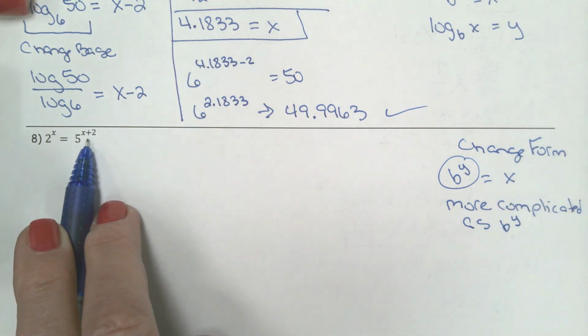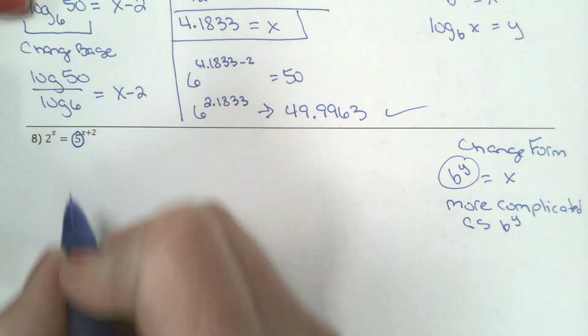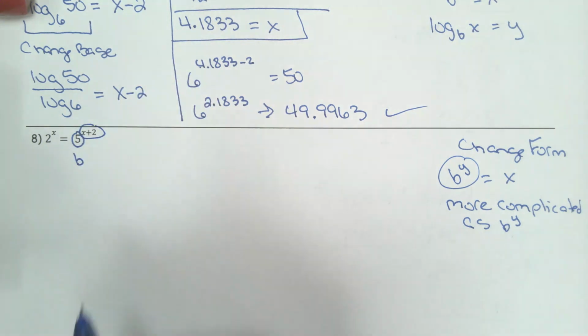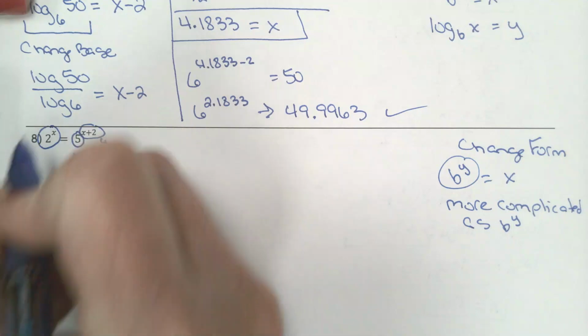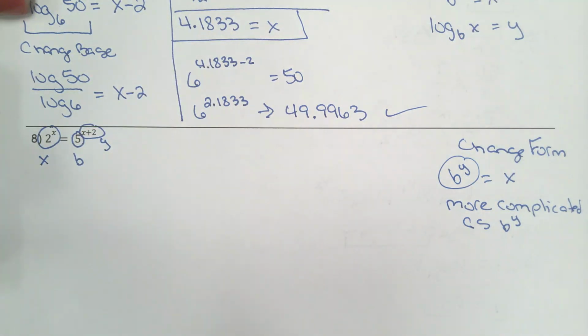So this right side with the x plus 2, I'm saying that's the more complicated one. This 5 right there plays your b. The x plus 2 is your y. And 2 to the x is your x.